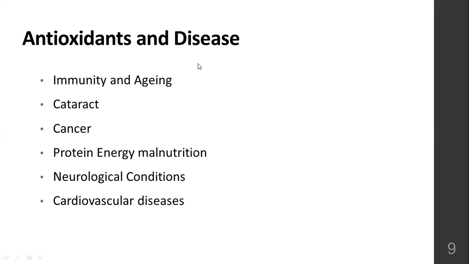And also, if you have too much exposure to UV light, that can also cause a high incidence rate of cataract. It is also seen that cataract is usually high in people who have deficiency in certain micronutrients like riboflavin, copper, zinc.